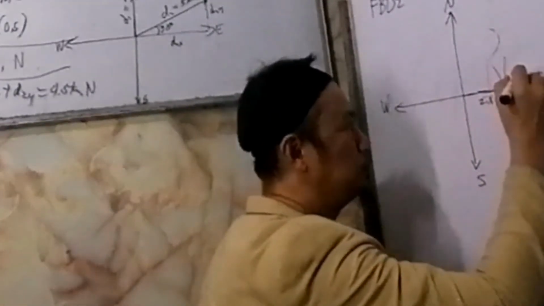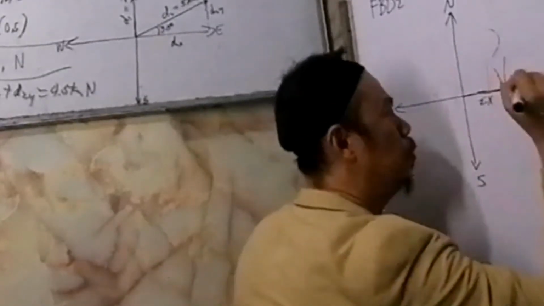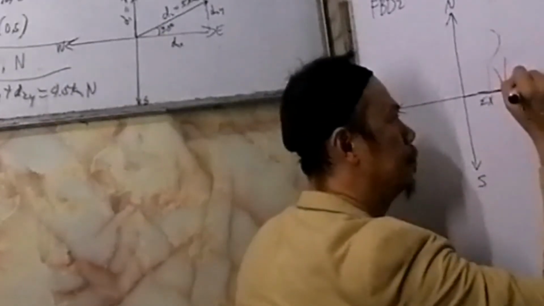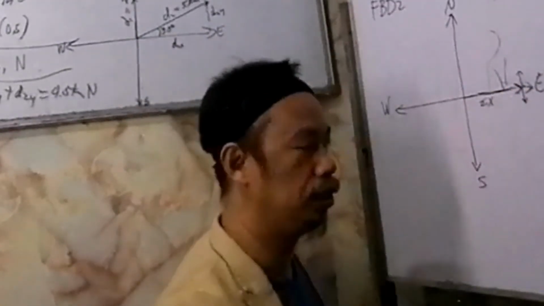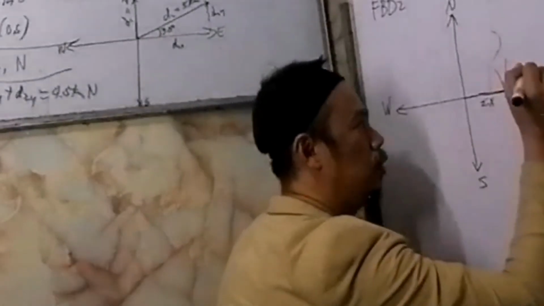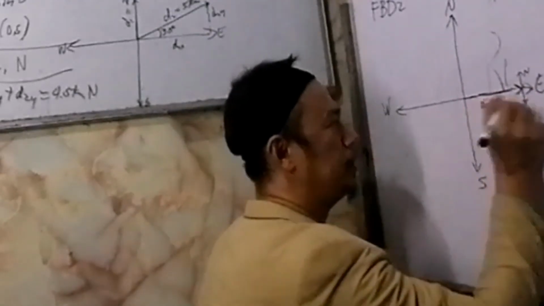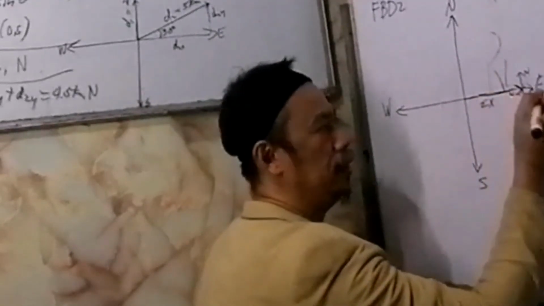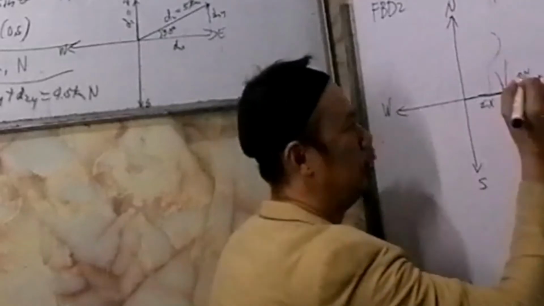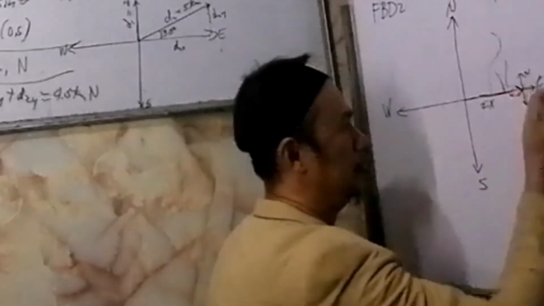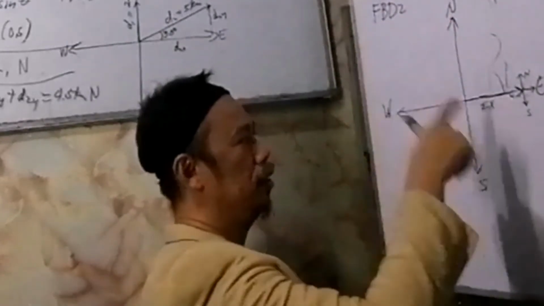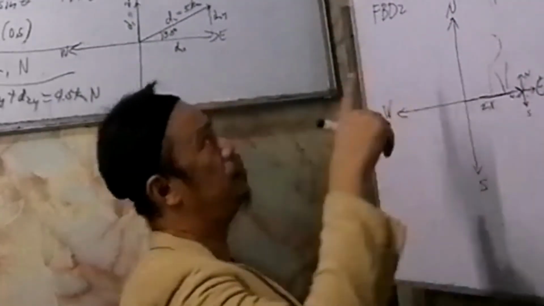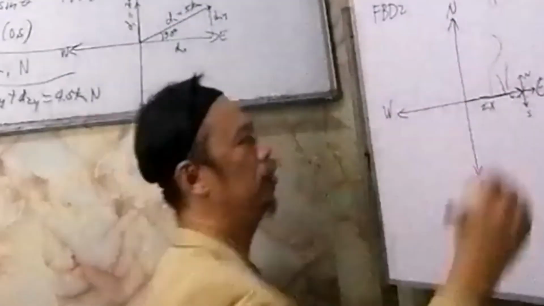Then, you create another small Cartesian plane. Okay? Small Cartesian plane. So, this again, north, south. Of course, this is west. And this is east. Okay? So, then, we connect the north. So, almost the same value, 4.5, no?